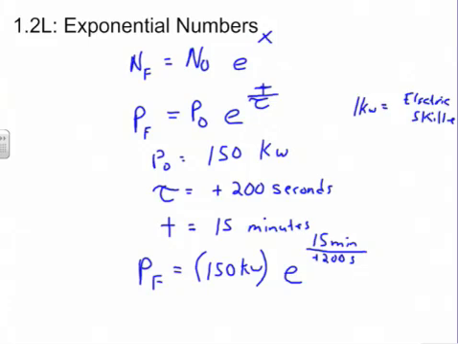Now, one of the issues is that every time you look at a base, it doesn't matter if it's e, base 10, 2, whatever, its exponent must have no units, because the base and exponent together is just a multiplier, a fractional change, and it shouldn't have any units at all.